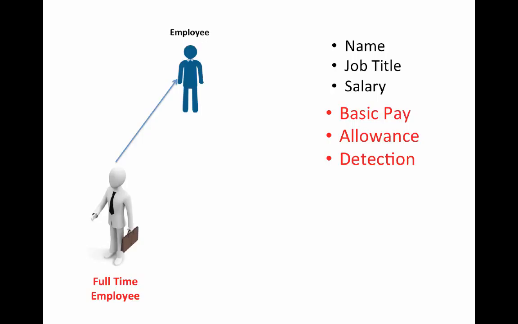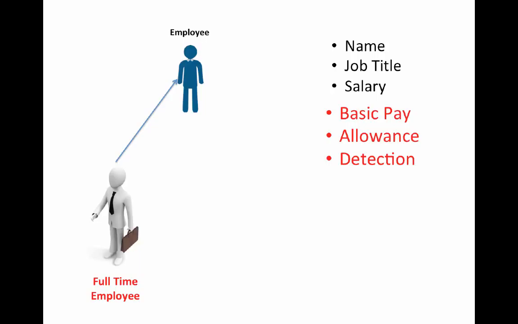So a full-time employee is an employee. He could have all the members of employee, like name, job title and salary. In addition, he could have some extra data members. And the calculation of the salary for the full-time employee would be add basic pay and allowance and deduct the deduction from this.